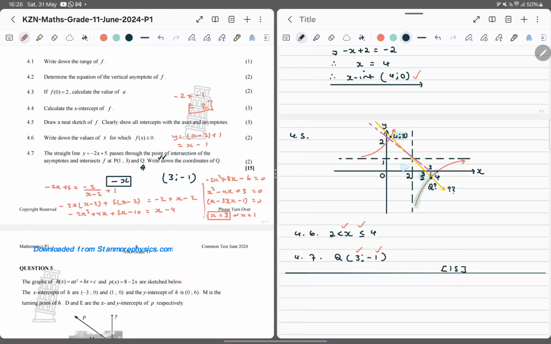But all I know is that the distance from the center to the graph and from the center to the graph is the same. So this is more like reflecting this point along a line perpendicular to this through this point to come here.